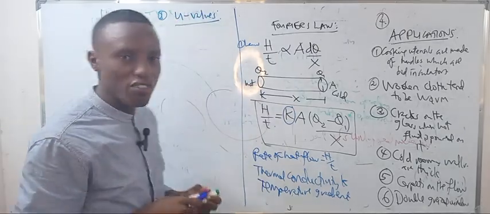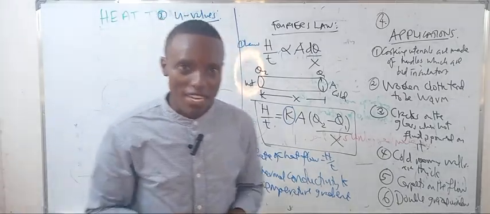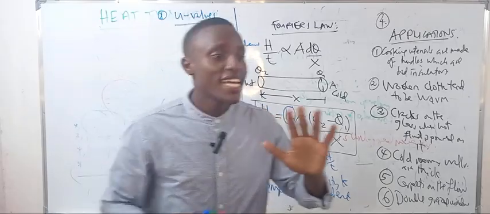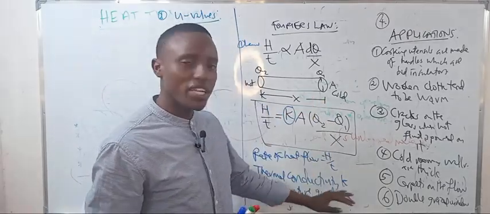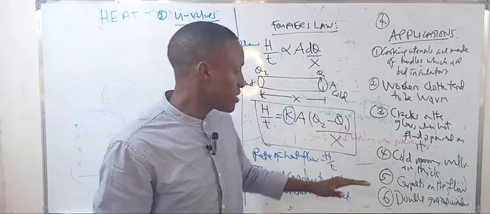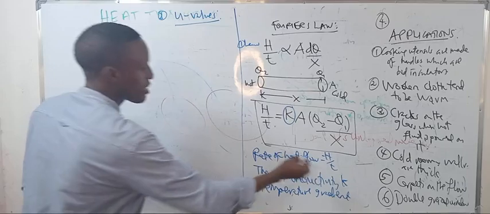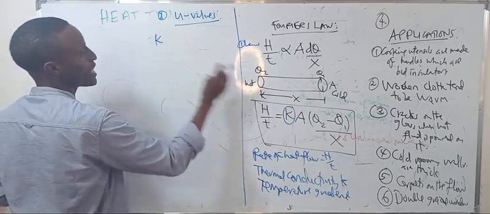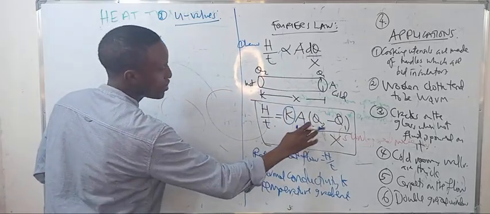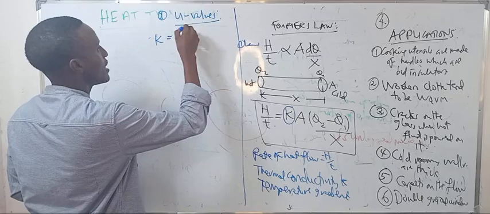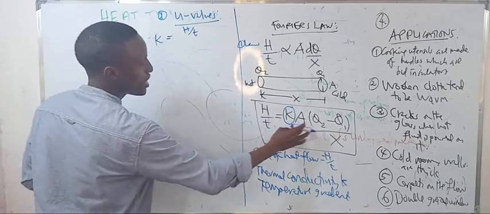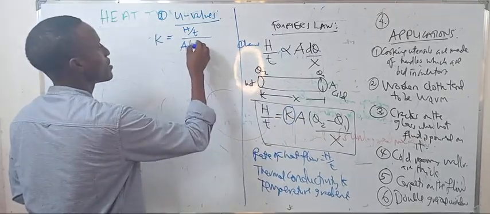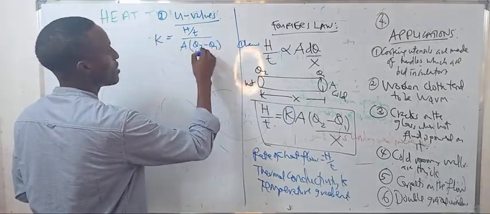So talking about the U values, we say U values are the same as the thermal conductivity. As we said for the thermal conductivity, K, you just obtain it from the rate of heat flow, divide by area, divide by the temperature gradient, the 1 over x.